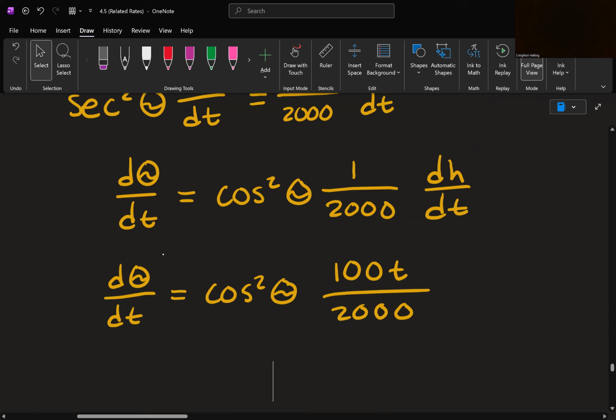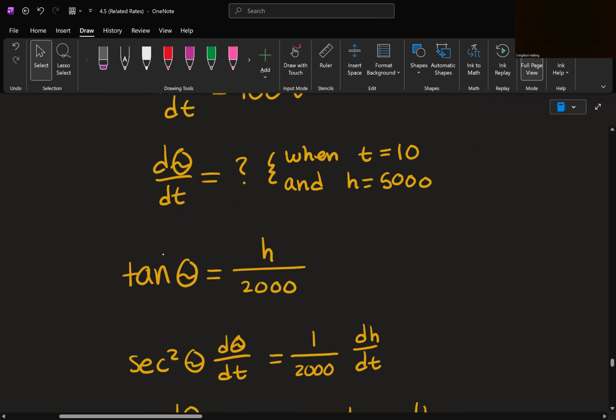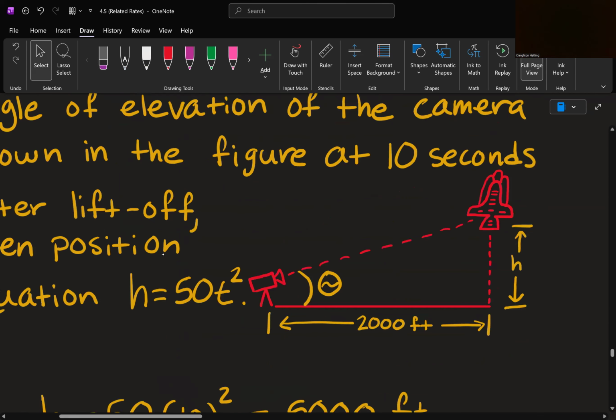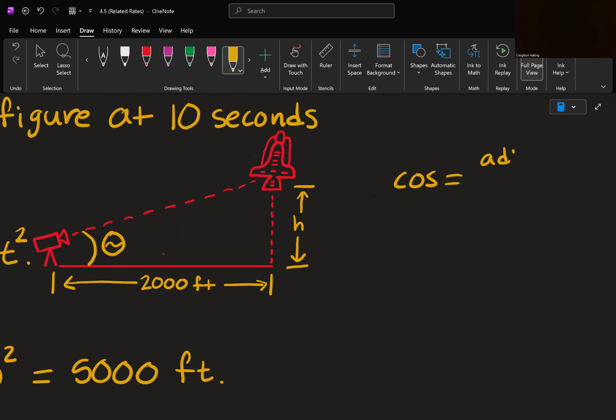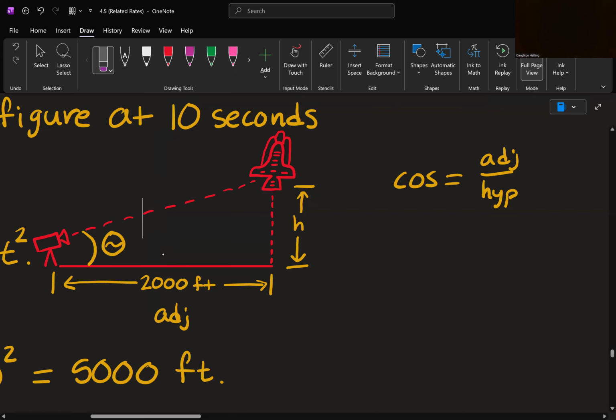Well, let's go back and remember that cosine is a ratio of sides in this triangle. Cosine from SOHCAHTOA is your, hopefully you said it, adjacent over hypotenuse. So we know that it's going to be this adjacent side and the hypotenuse side. Well, I don't have anything written for the hypotenuse, but hopefully you see that you could easily find it.